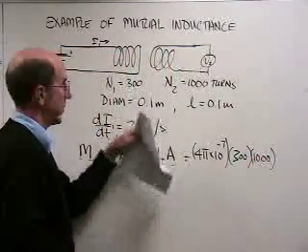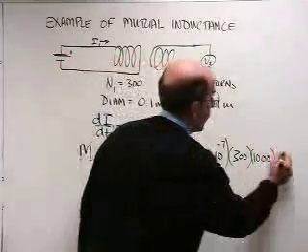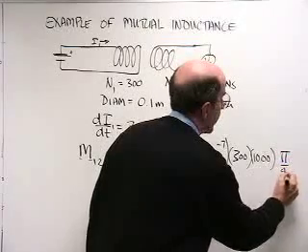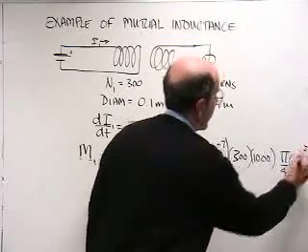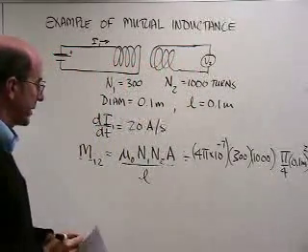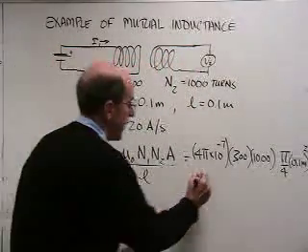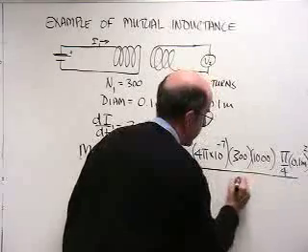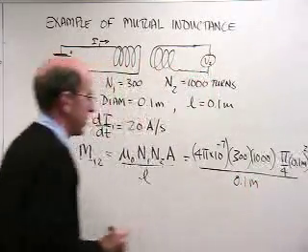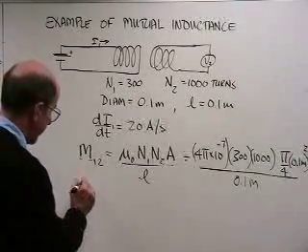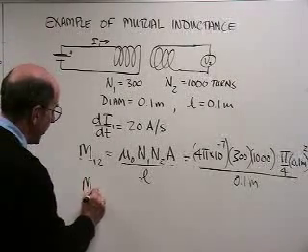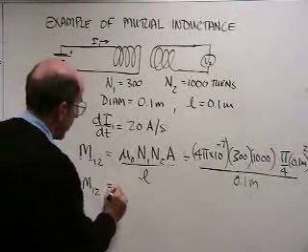And the area is pi over 4 times 0.1 meter squared, divided by a length of 0.1 meters. And I get that M12 is equal to 0.03 henries.